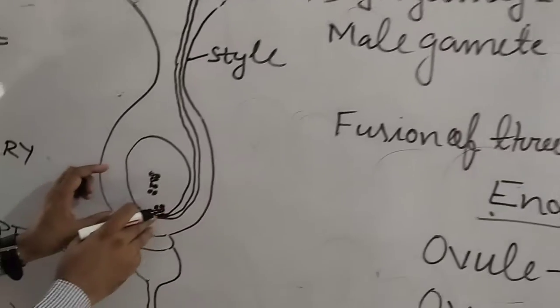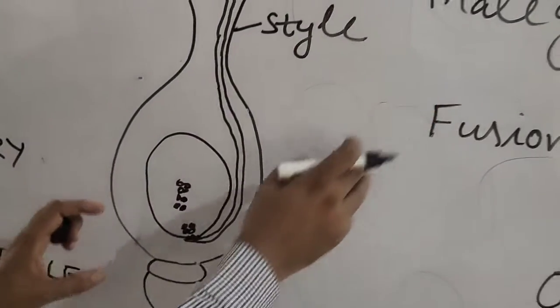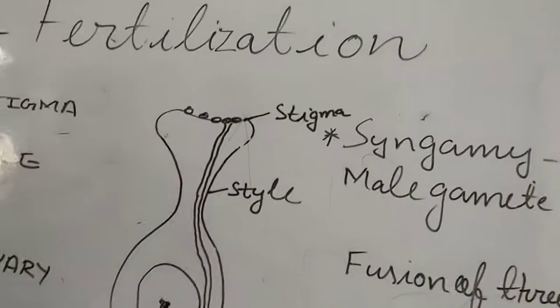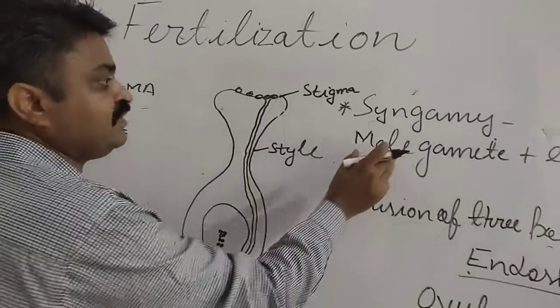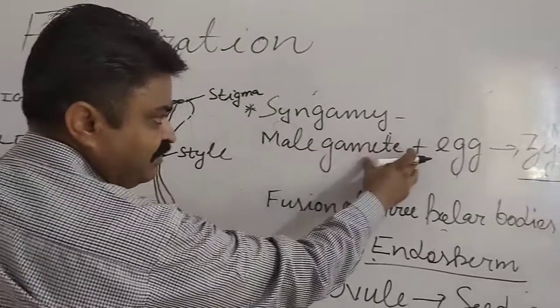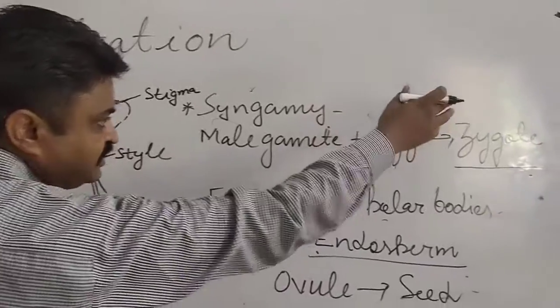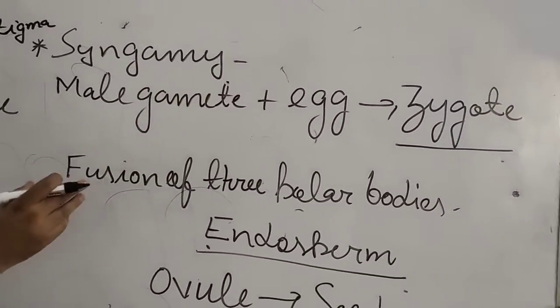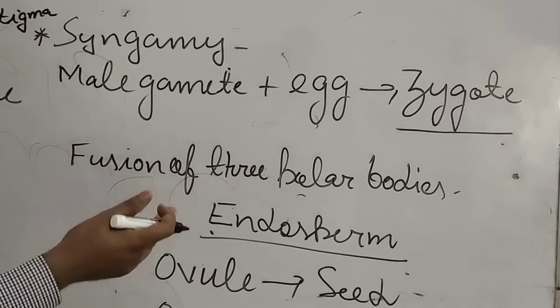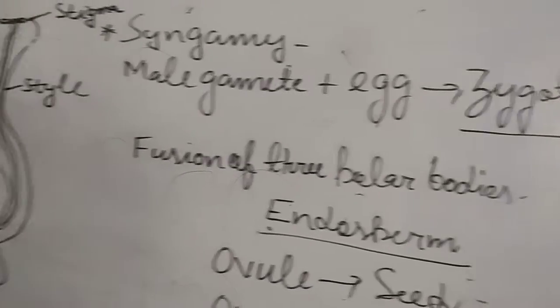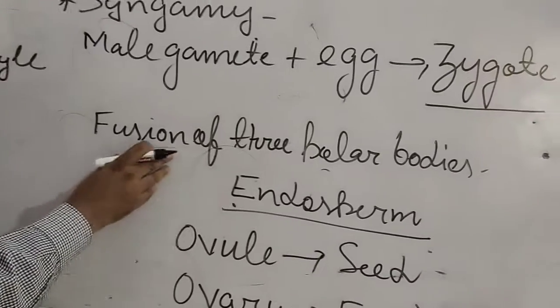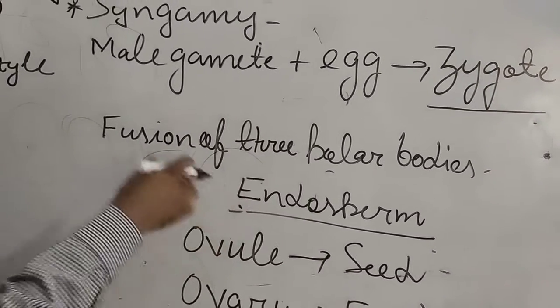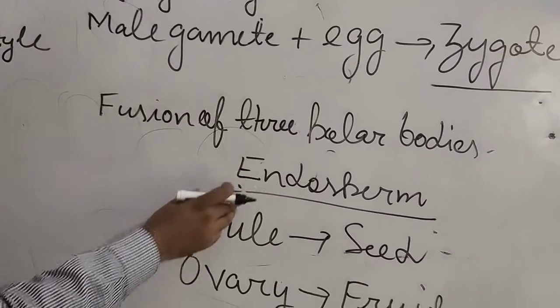This process is known as double fertilization, because here the fusion of male and female gametes takes place, from which the zygote is formed, known as syngamy, and there is also the fusion of three other bodies, from which the endosperm is formed.